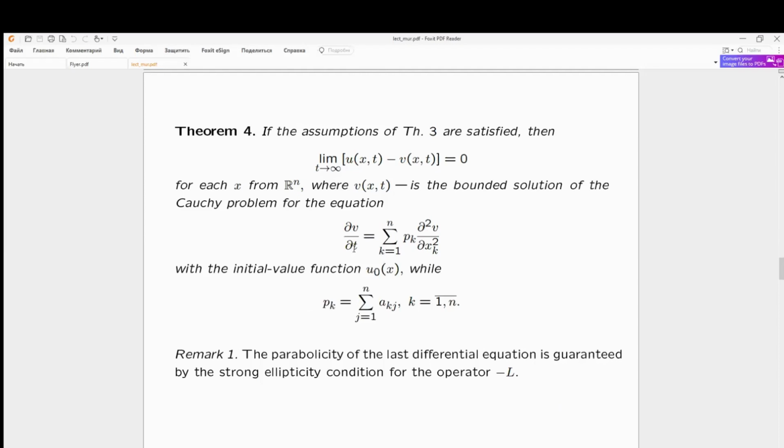So these are the results, and now I would like to say a few words about how to prove this. Of course, I cannot provide you the whole proofs, but I hope to be able to share the main ideas lying at their base.